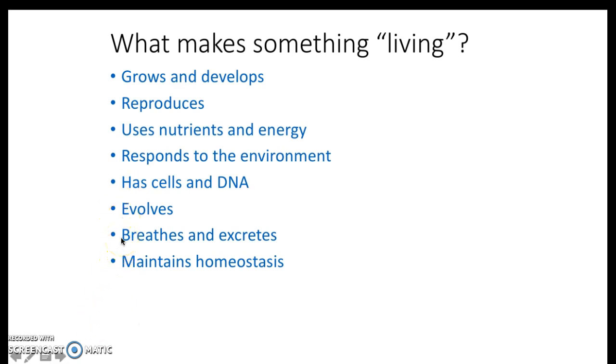Living things breathe and excrete. So they have some kind of gas exchange, whether they're taking in oxygen and giving off carbon dioxide like we do, or taking in carbon dioxide and giving off oxygen, which is the net exchange for a plant. And the last one is that living things maintain homeostasis, which means they maintain some sort of equilibrium. They have a set temperature or a set amount of moisture, and they have to go back to that set amount.